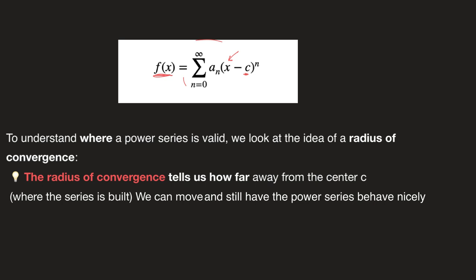The domain of f of x is the idea of radius of convergence, okay? So I'm going to give the formal definition of radius of convergence, but this radius of convergence is related to the distance from the center. That's how we're going to find the radius of convergence. What is meant by radius of convergence, in the next slide, guys.